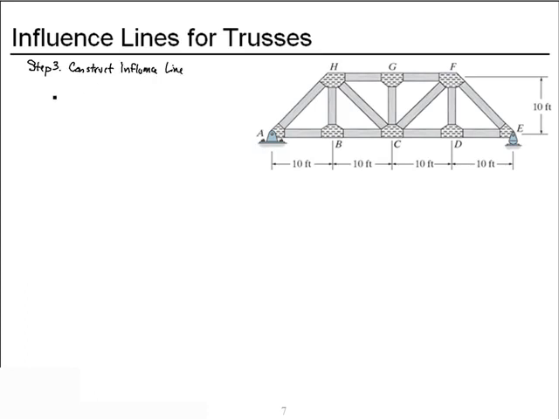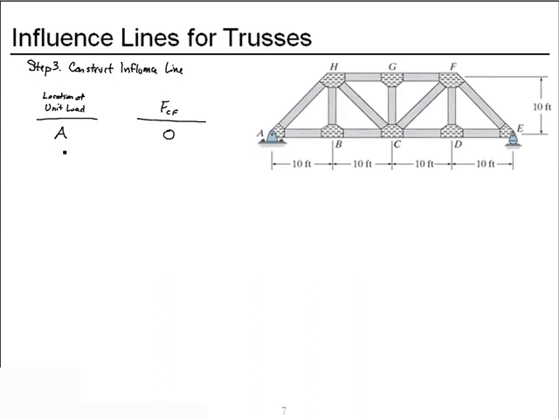We'll start by tabulating the results we have. The location of the unit load and the resulting force in member CF. Although we didn't calculate it, we could have, but when the unit load is applied at point A, it's directly into the support and there'll be no loads generated inside the truss.